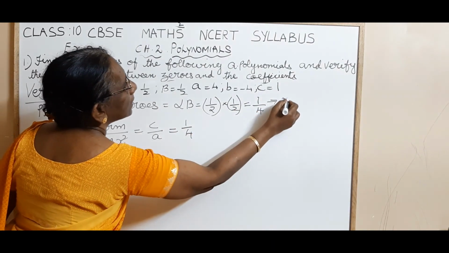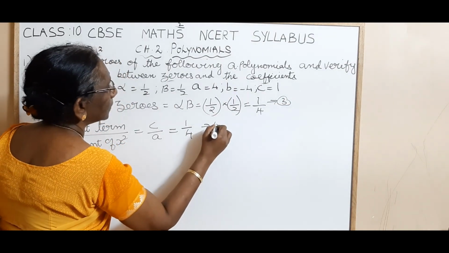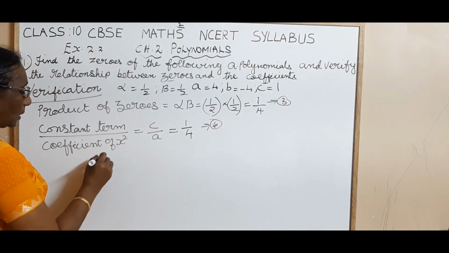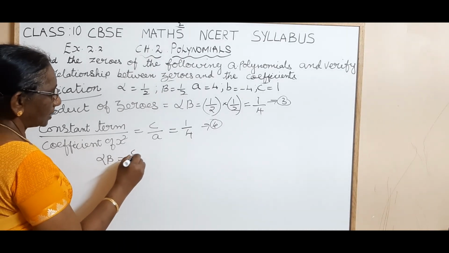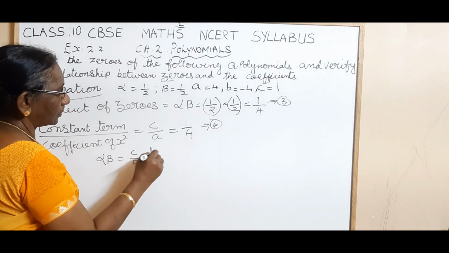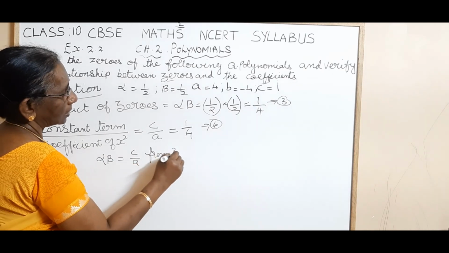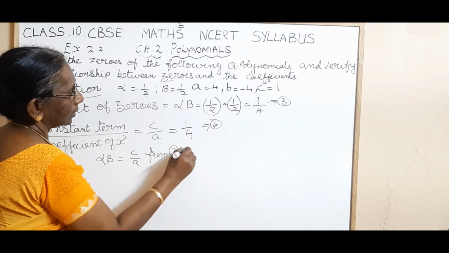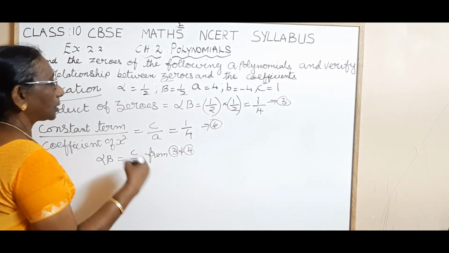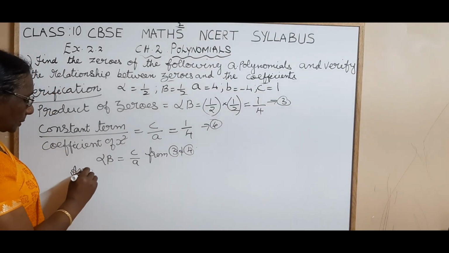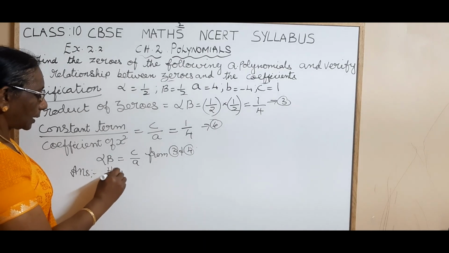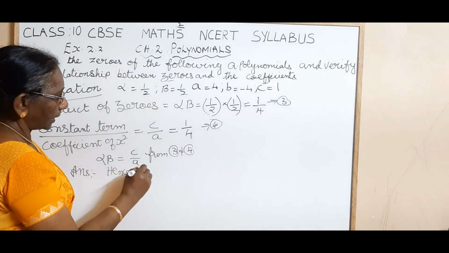Name this as 3. Name this as 4. Therefore, alpha beta is equal to c by a from 3 and 4. So hence we have verified that relation. Answer: hence verified.